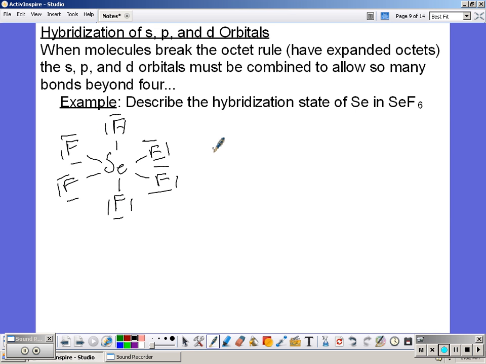S is 1, p is 3, so I'm at a total of 4, but I need 6. So then we can use 2 of the d orbitals to make 6 identical orbitals for bonding. So selenium has a hybridization of sp3d2. Now, some textbooks have it d2sp3. Either way of writing it is appropriate.